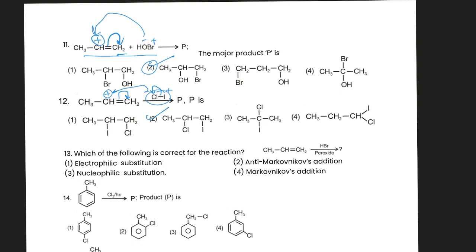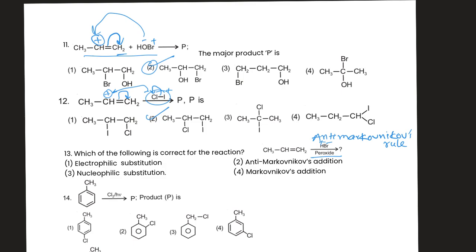Then the next question: which of the following is correct for the reaction? Propene reacts with HBr in the presence of peroxide. In the presence of peroxide, that is called the anti-Markovnikov rule, which means opposite to the Markovnikov rule. Here we have H plus and Br minus.